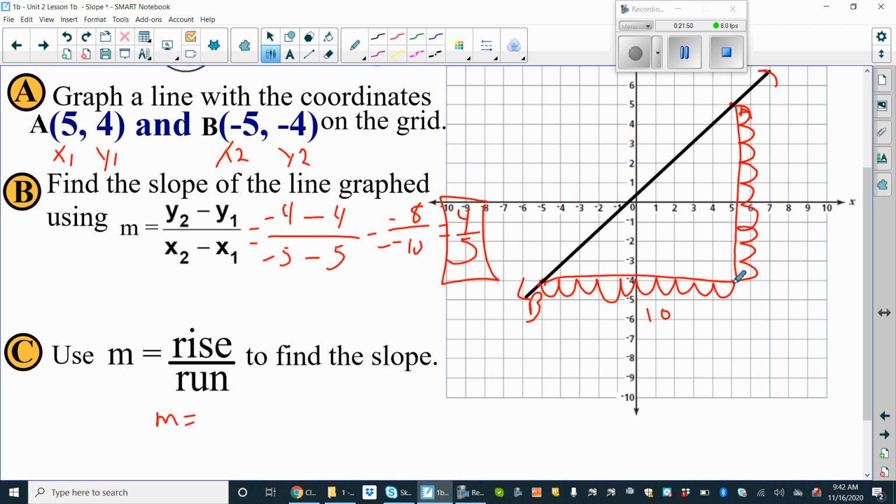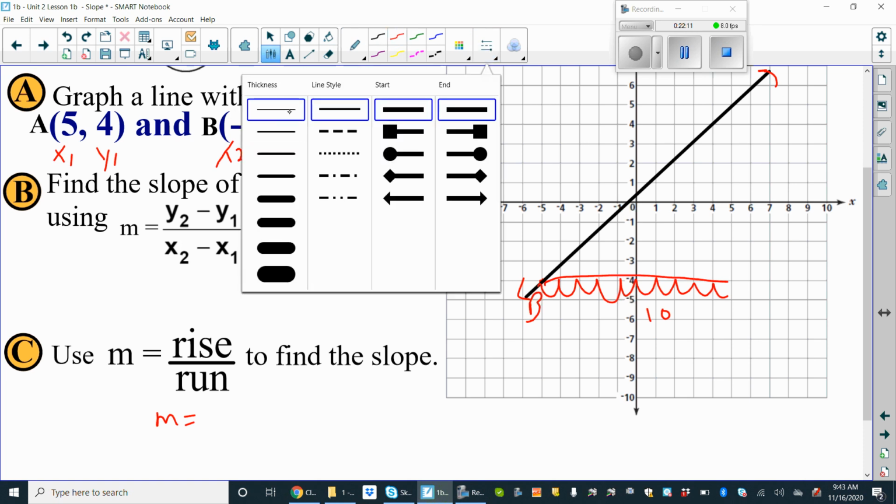Oops. Did I do something wrong here? Yes, I did. I messed up one of the points. So we're going to recreate A. I went 1 point too many up. So we have A is at 5, 4, which should be here.